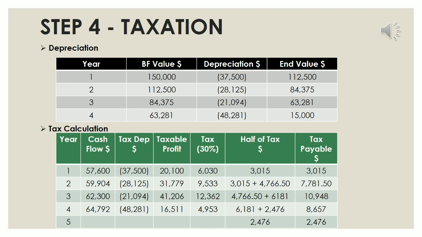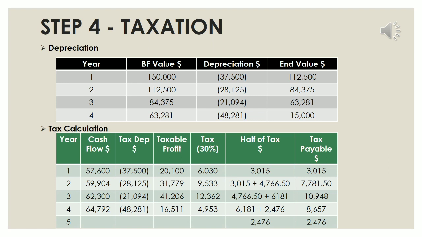Therefore, I have added an additional column, half of tax. That column will consist of half of the 30% tax, which will be $3,015.